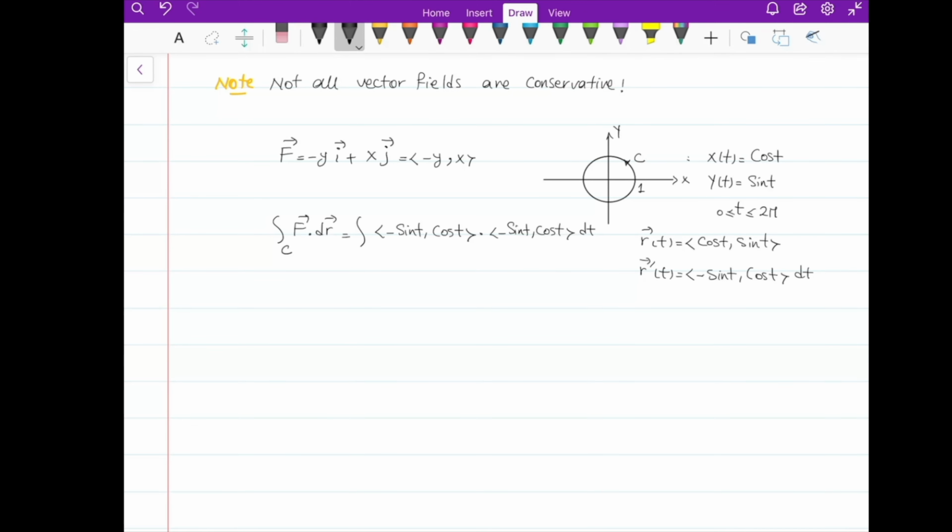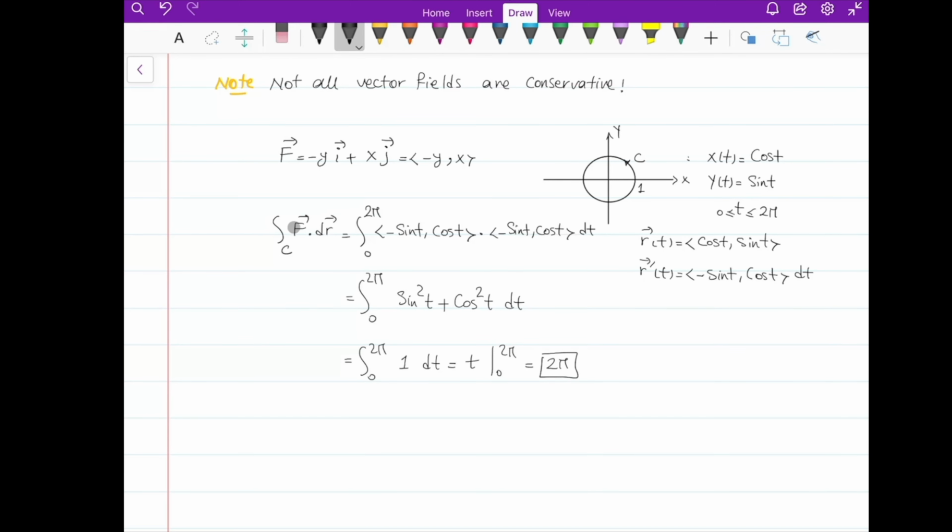I forgot to put dt in here, and then t is from 0 to 2 pi. Okay, I have a dot product in here, so negative sine t together would be sine squared t, and then cosine t plus cosine t, it would be cosine squared t dt. So it is 0 to 2 pi. Sine squared plus cosine squared is 1 dt. So the answer would be t from 0 to 2 pi, it's 2 pi.